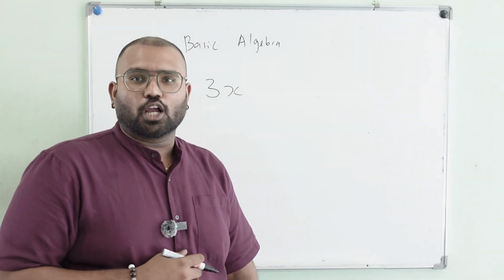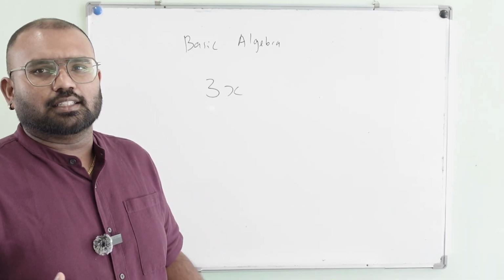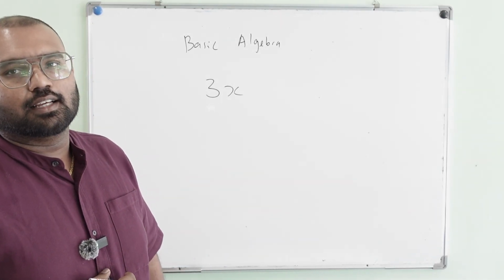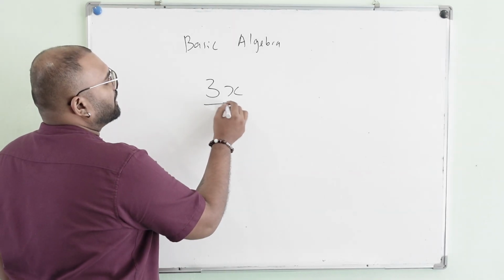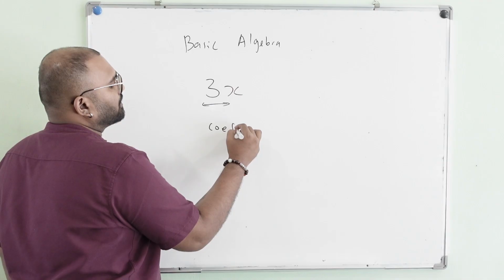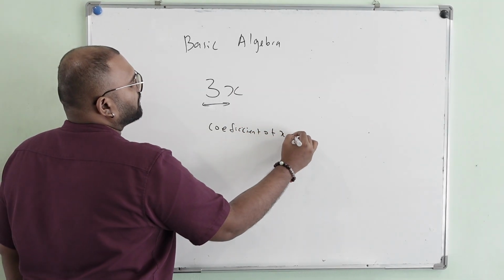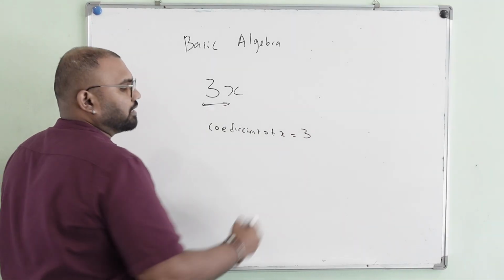If they ask you the coefficient of x, pekali bagi x, it's easy, it's the thing attached to x. So the thing attached to x here is the number 3. So the coefficient of x is 3.